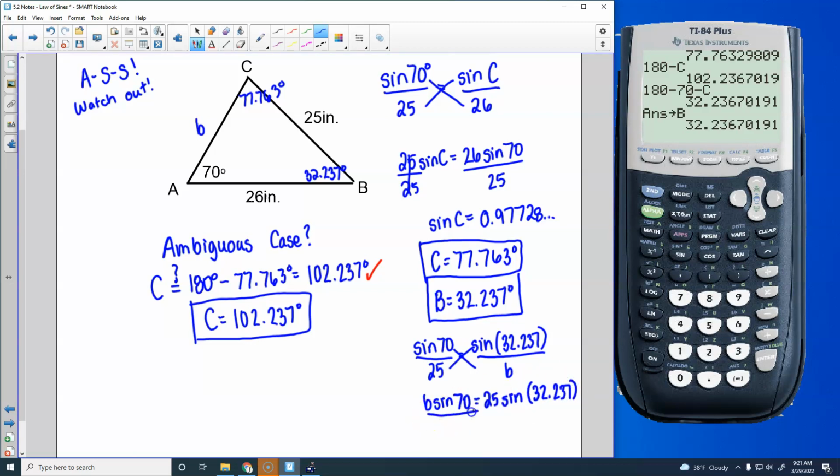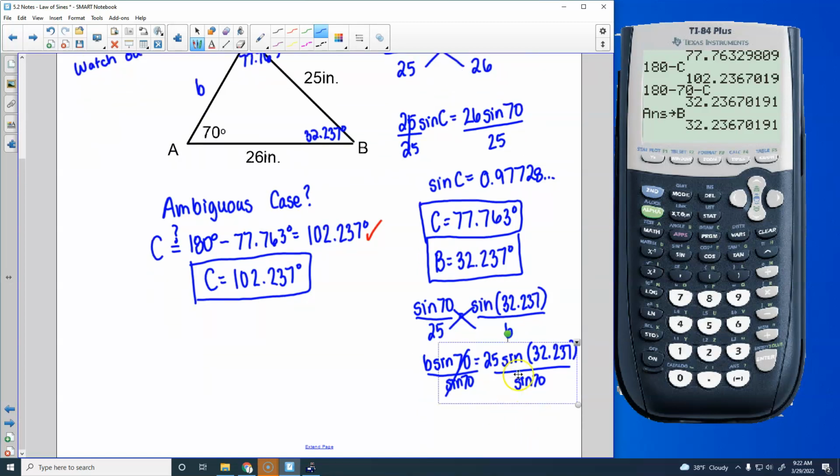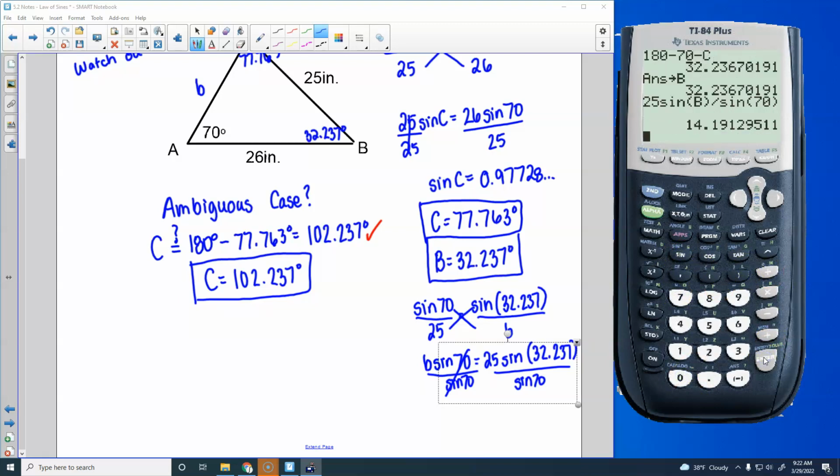We will divide by sine 70. All right, so what we're going to get here is 25 sine of B, I'm going to use B because I stored that number, divided by sine 70. And so that is going to give me 14.191.